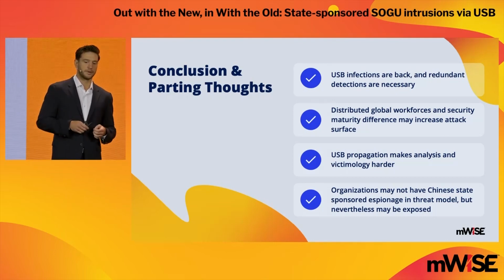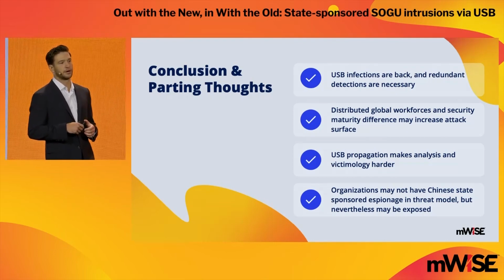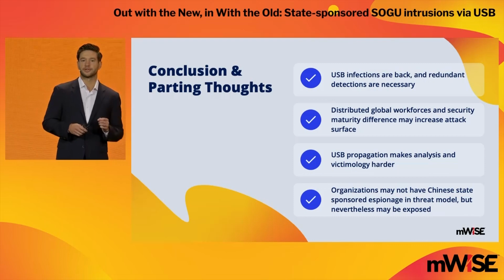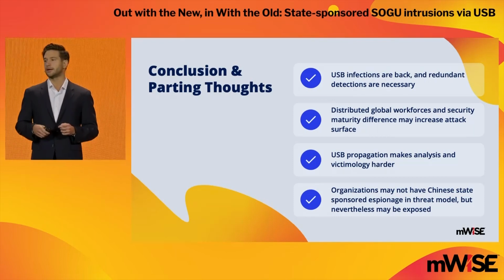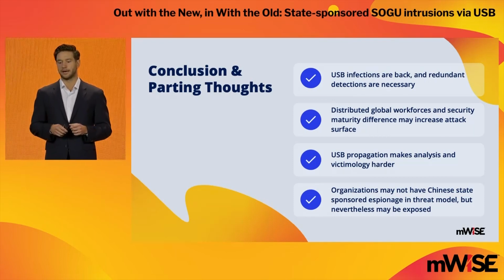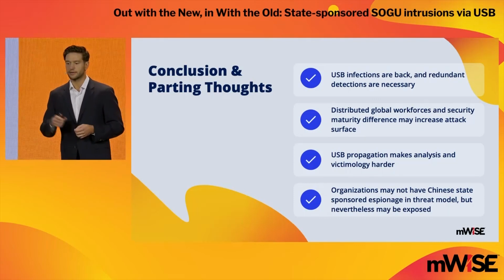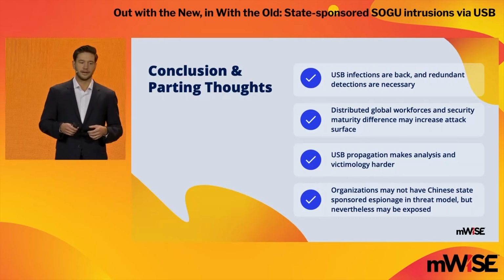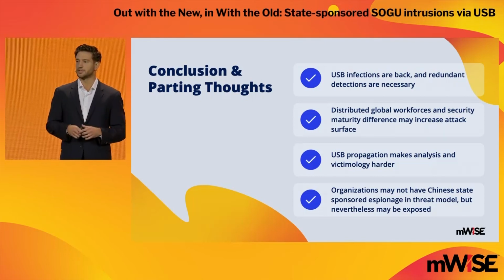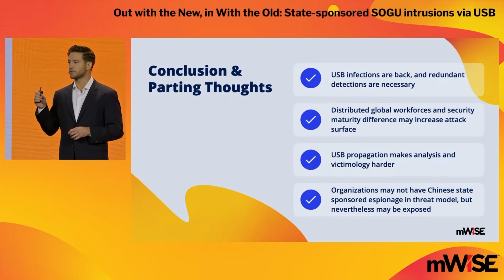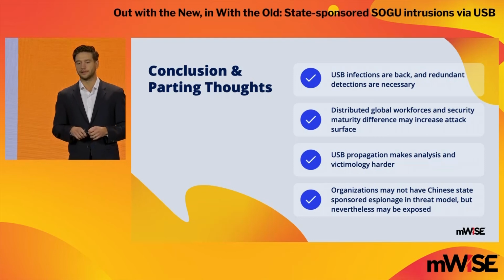Third point, USB propagation makes analysis and victimology harder. Think back to the comparison between the UNC53 phishing campaign and the UNC53 USB-based campaign. And if we think back to the 28 industries that were affected across 16 countries, that's just very broad targeting and victimology, and it's hard to say whether those were the intended targets by UNC53.